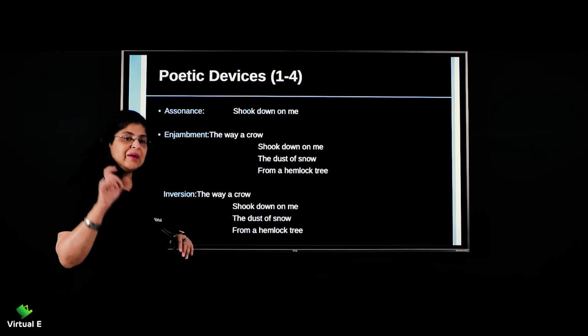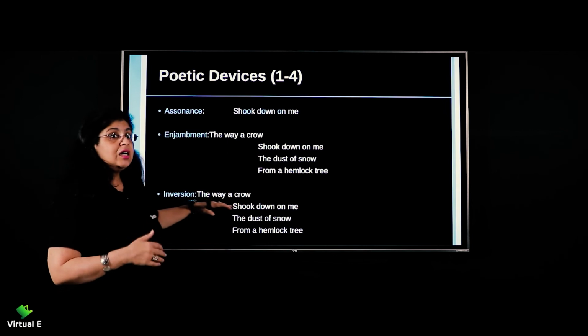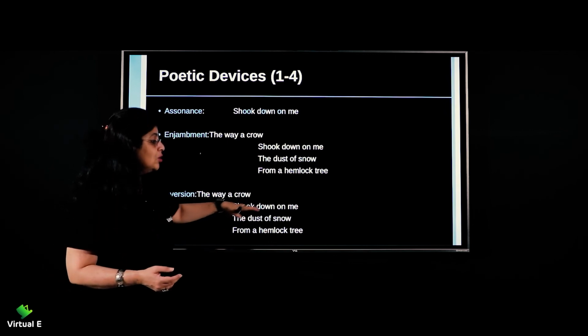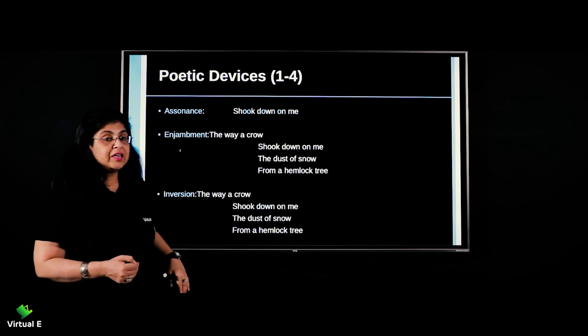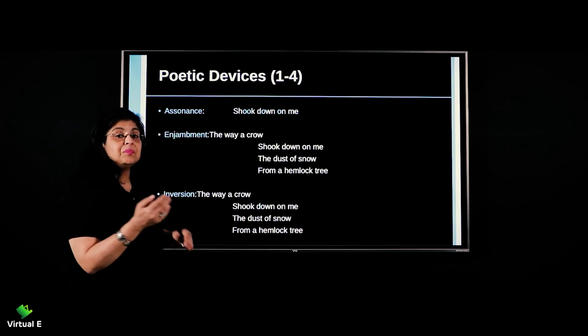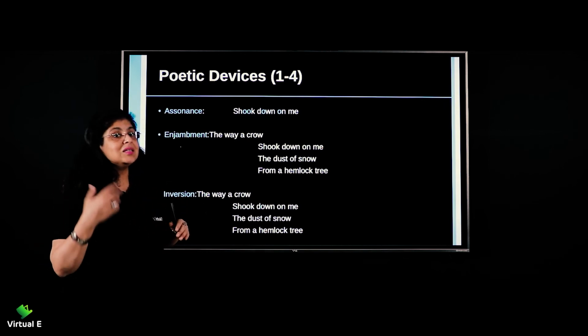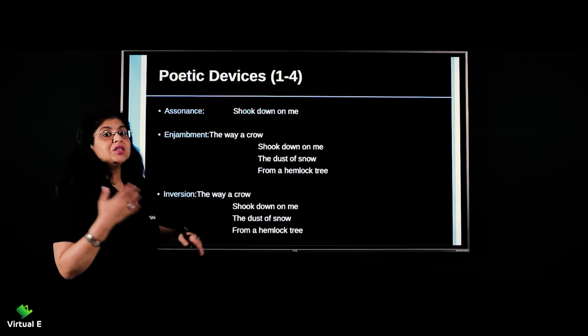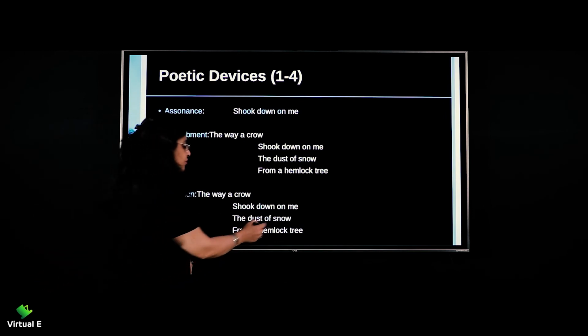You want to place it in such a manner that you get the rhyming pattern. The way a crow shook down on me the dust of snow from a hemlock tree. Now there is inversion. The words could have been placed normally. If you take a normal sentence, it will be different. But to make it poetic, to make it rhyme, we have inversed. We have changed the placement of the words.